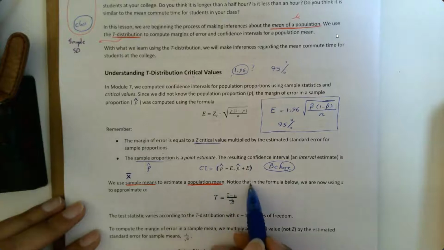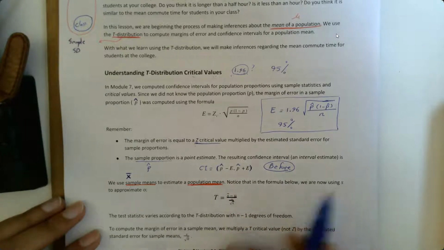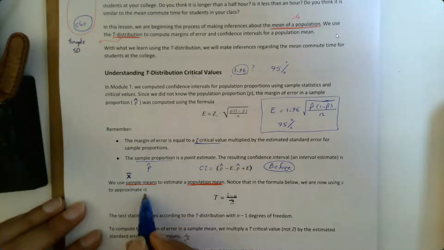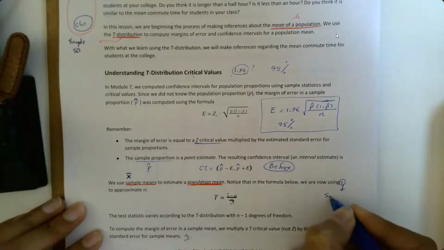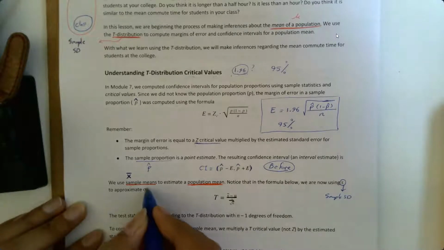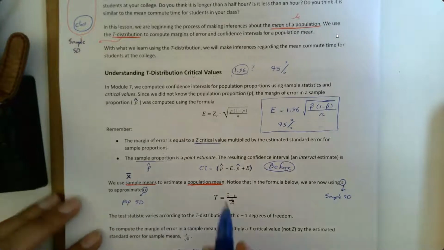Notice that in the formula below, we are now using S to estimate sigma. What was S? S is the sample standard deviation, and sigma is the population standard deviation. Remember our formula?